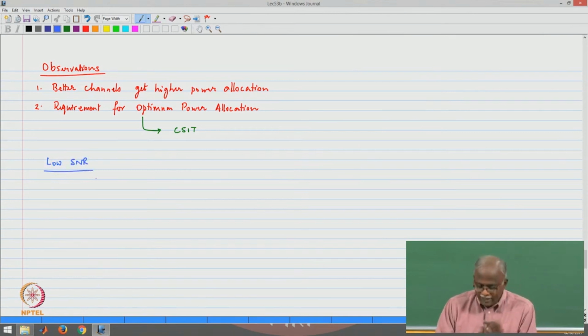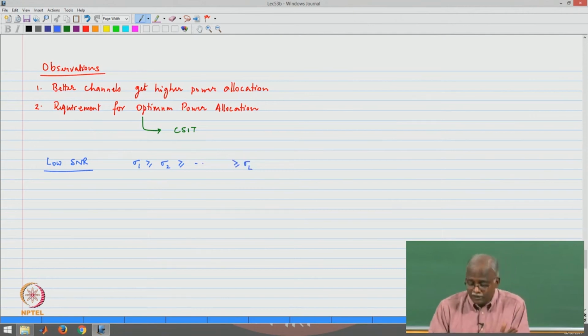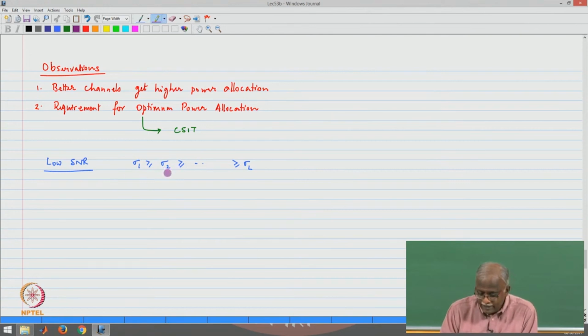Low SNR meaning that we have arranged the channels in the following manner: sigma 1 greater than or equal to sigma 2 all the way to greater than or equal to sigma L, and we find that already sigma 1 itself is small, and of course you can see that then sigma 2 all the way to sigma L are going to be even smaller. Now under this assumption, you are not going to get very good performance, because already the channels are under poor channel conditions.